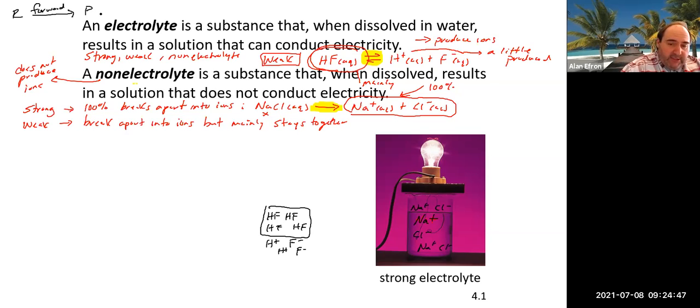And in a weak electrolyte, at some point as you start to build up the products, so in the case of HF, as we build up some H plus and F minus, those ions will come back together and go back the other way. We get some of those products going in the opposite direction and making more of the reactants. That is what is sometimes referred to as the reverse direction.